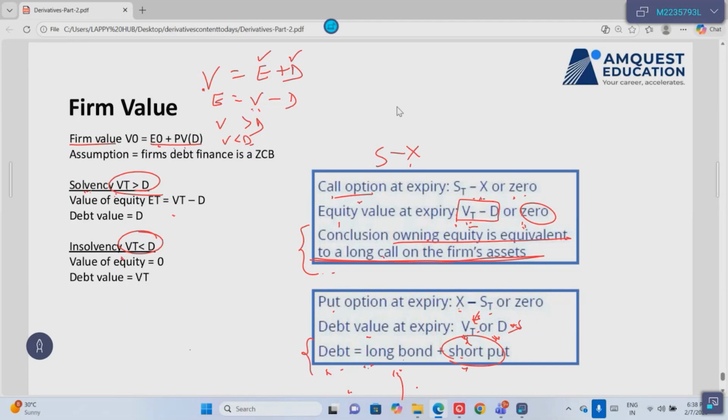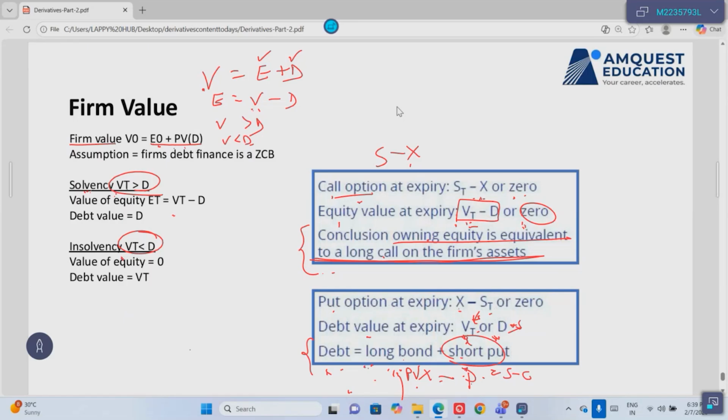Now you know a bond is PVX, correct? And short put is what? Minus P, correct? So if you remember C plus PVX equal to S plus P, right? C is removed and S is on this side, and C goes here.